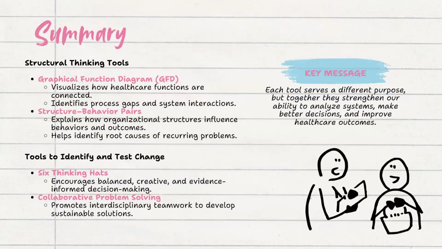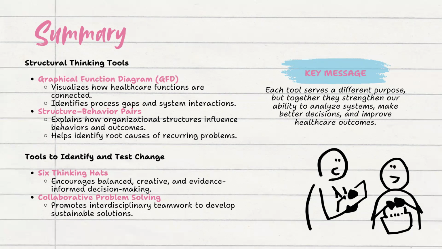So to summarize today's discussion, I would like to share one important message. Healthcare problems are rarely caused by one individual. Most problems emerge from interactions among people, processes, technology, communication, and organizational structures.